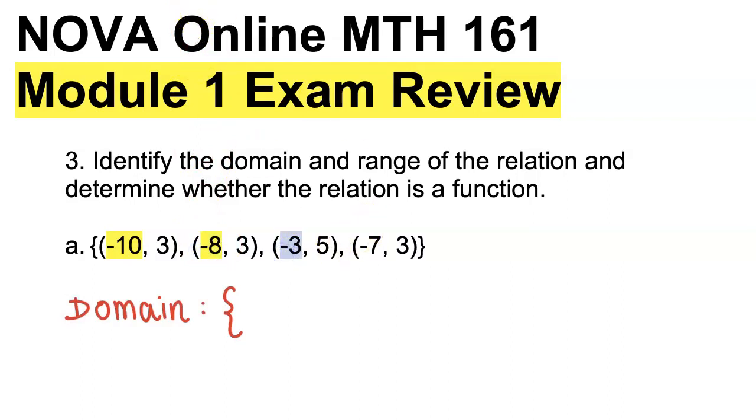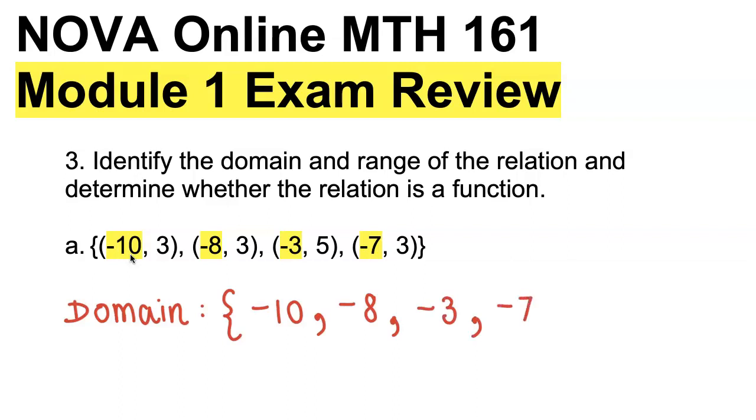So I highlighted 4 numbers in these ordered pairs, and those are negative 10, negative 8, negative 3, and negative 7. And I put braces around them to make it a set.